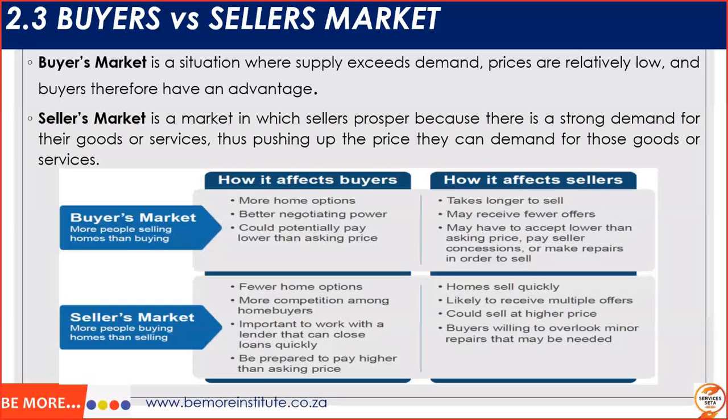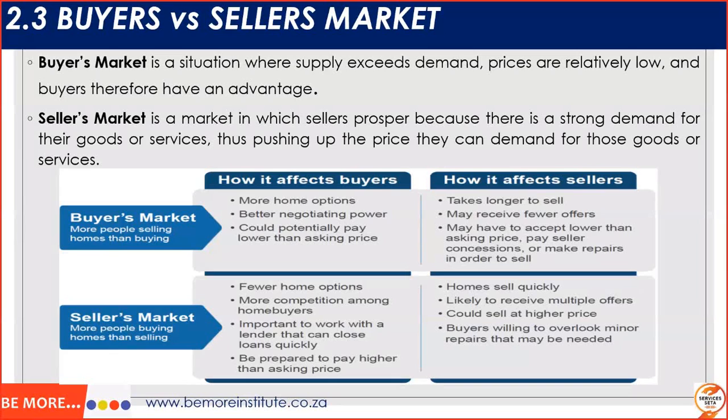Prices are relatively low and buyers therefore have an advantage. Because there is excess supply, there's an opportunity to negotiate, because there are fewer buyers, but there is a lot of stock out there in the market.